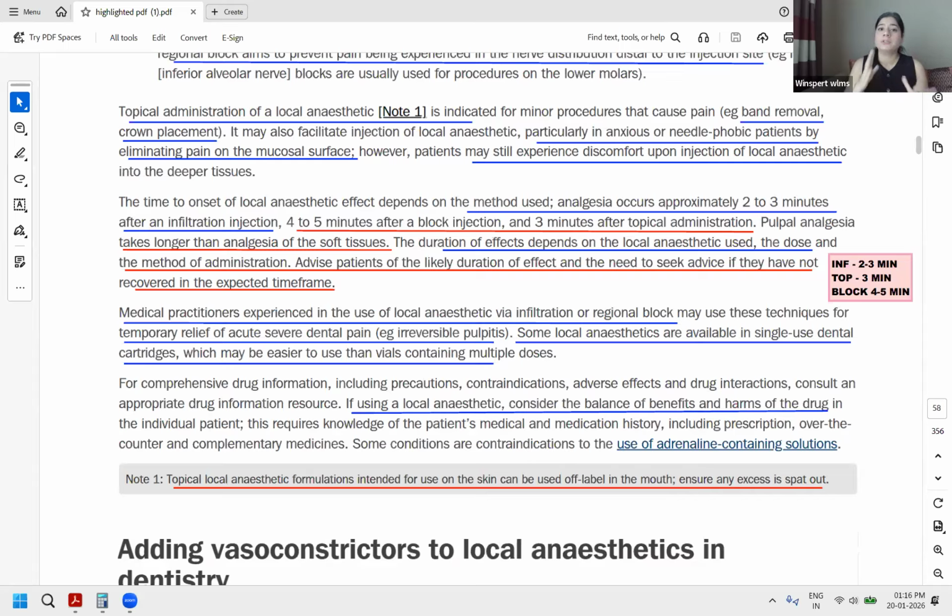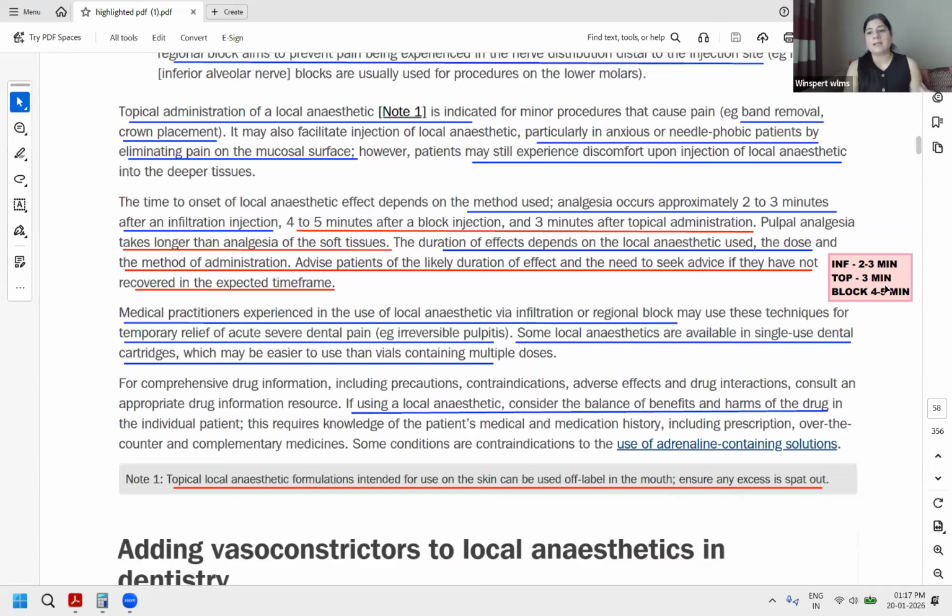So depending upon the type of anesthesia that you're giving, whether it's your infiltration, your block injection, or your topical application, the time it takes for the onset of analgesia is different for all three types. You must remember these because this can be an actual examination question. Infiltration technique will take 2 to 3 minutes upon administration.